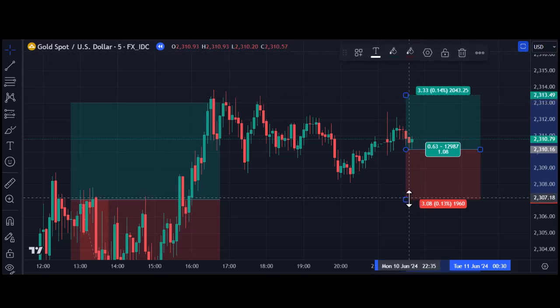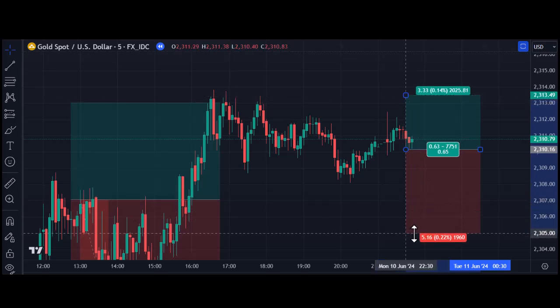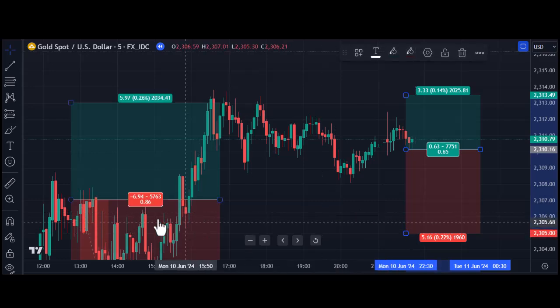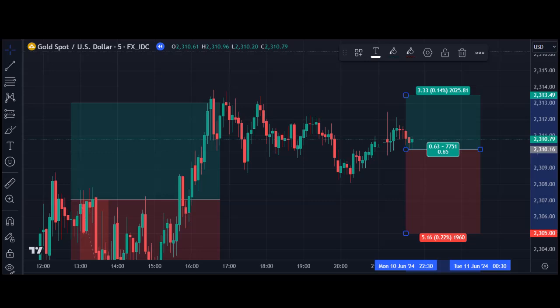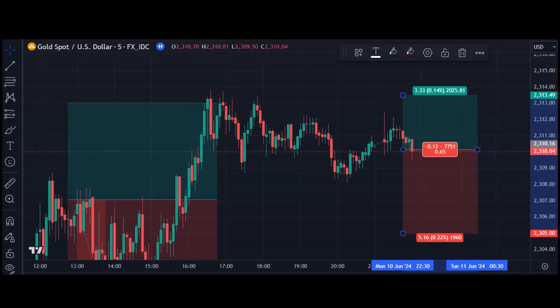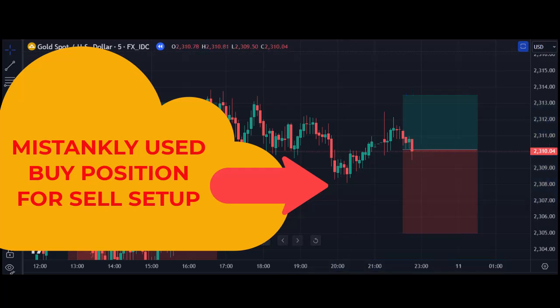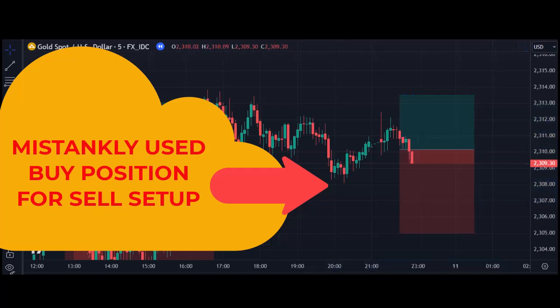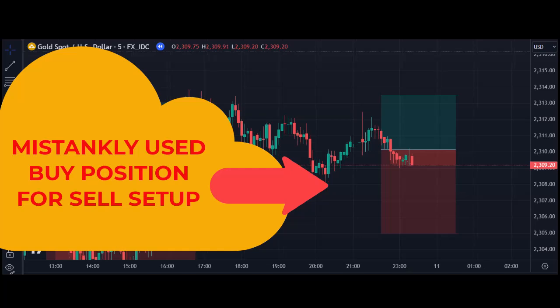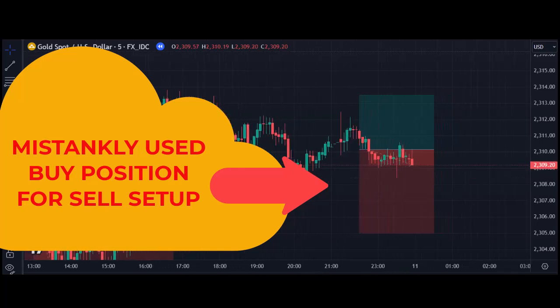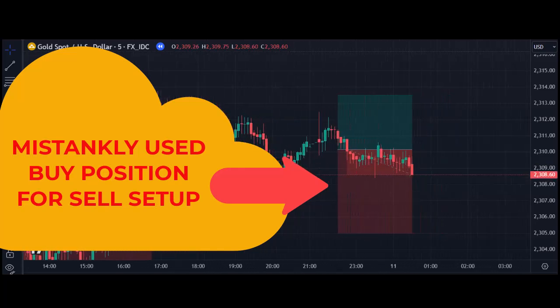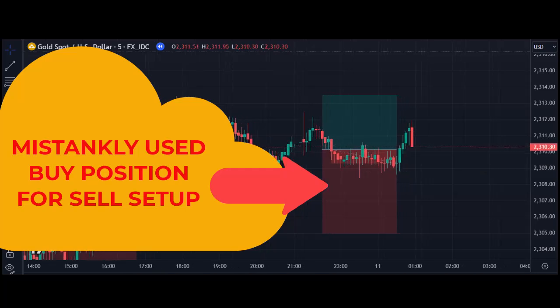And we'll be expecting 20 pip or more, because here now we're expecting at least the market to break to this point. All right, so we are in the trade. All right, so let's see how it goes.